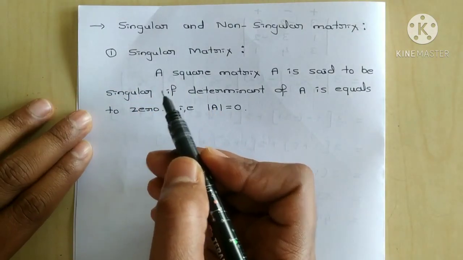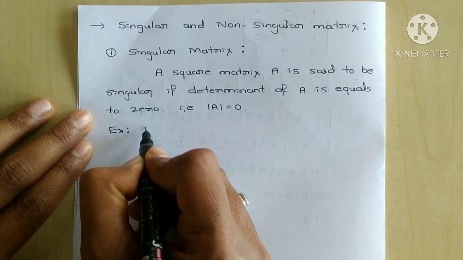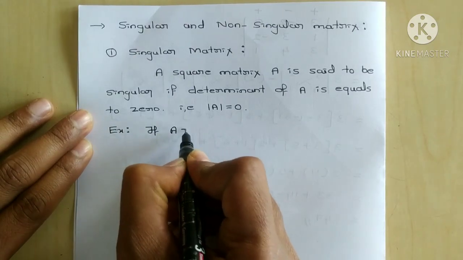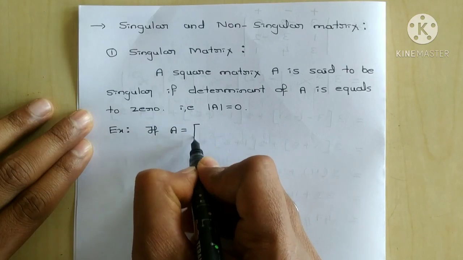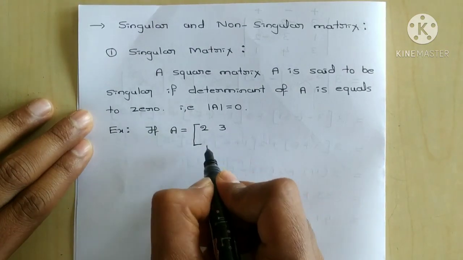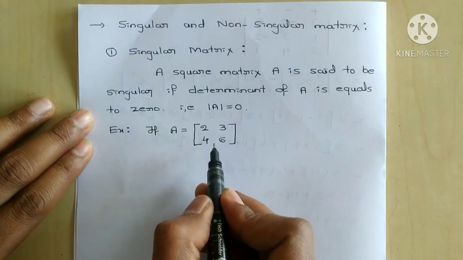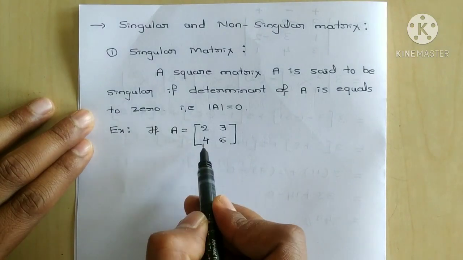Now I am going to consider one matrix. For example, A is equal to 2, 3 in the first row, 4, 6 in the second row. This is one matrix, A equals 2, 3, 4, 6. Which type of matrix is this? A square matrix, because it has 2 rows and 2 columns. So if I take the determinant of this A, the determinant of A is the determinant of the elements 2, 3, 4, 6.